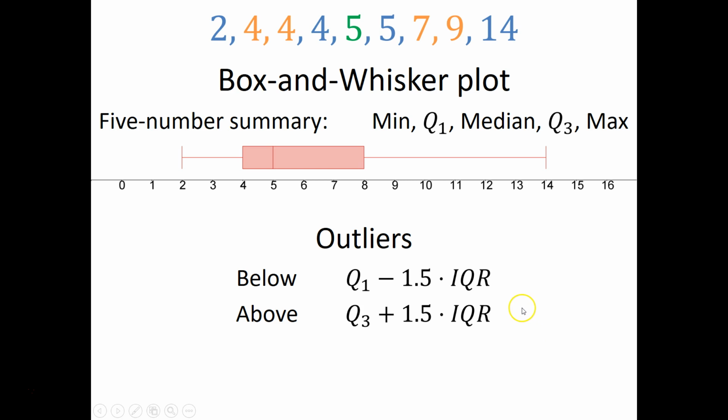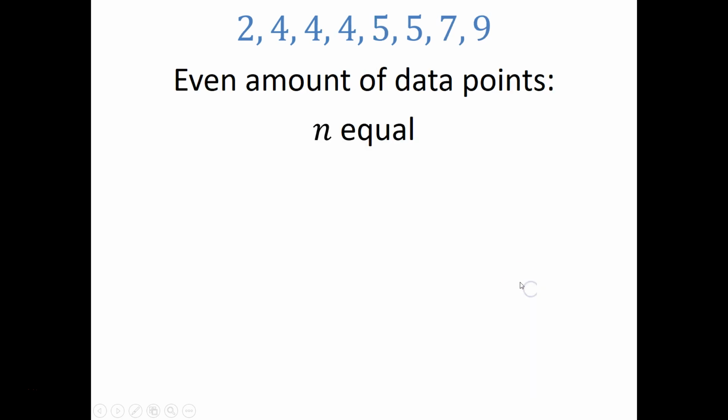And that is it, except for one little thing, and that is if I have an even amount of data points, I have to be careful about something, which is when I try to find the median, I am going to find 2 values, and in this case, the median is going to be between those, right? So that's going to be the average of 4 and 5, which is 4.5.